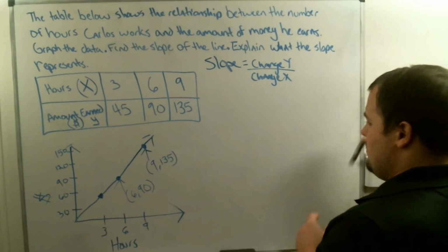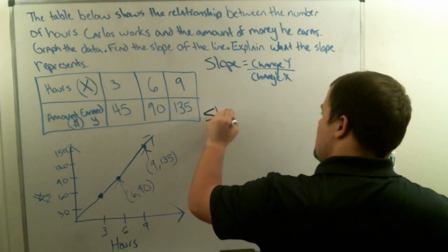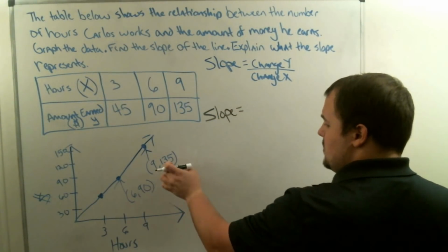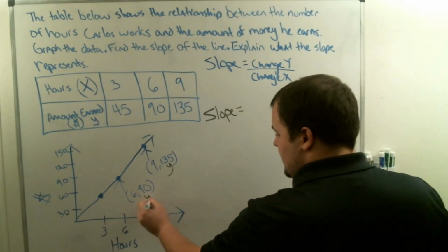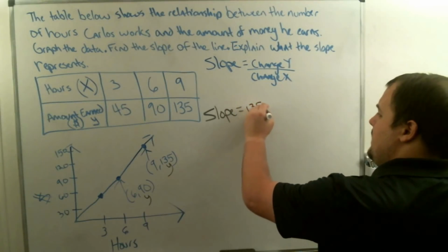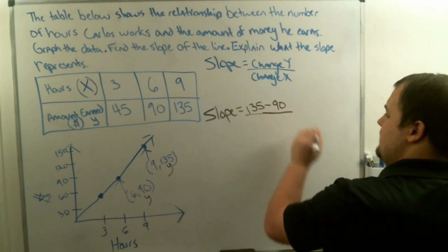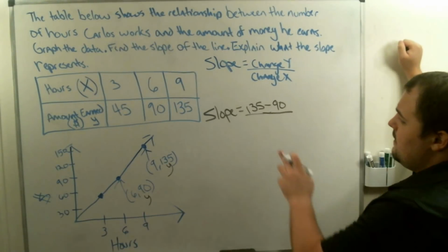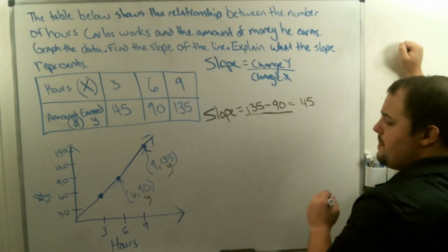So first thing we're going to do is find the slope, which is equal to the change in y. So 135, because this is the y value, minus 90, because that's the other y value. So 135 minus 90, and that's going to go on top. So that is equal to 45.